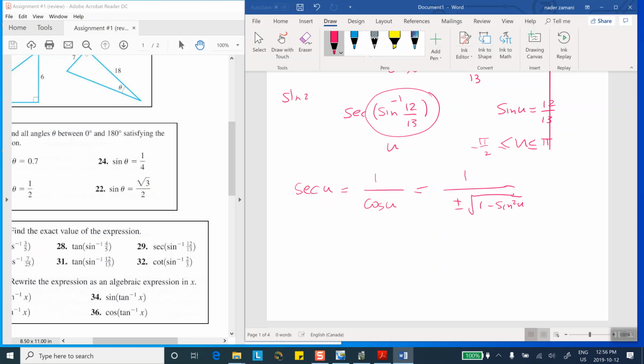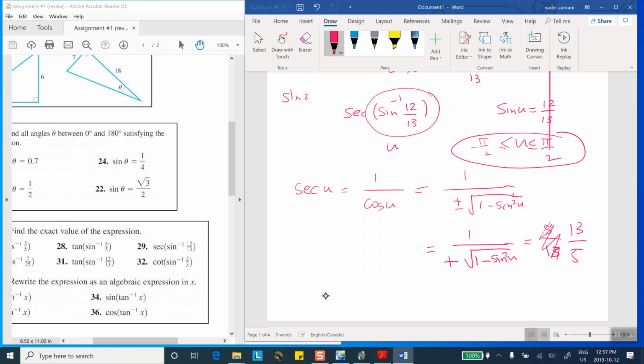Now notice that because u is between 90 and minus 90, cosine is positive, the whole thing must be positive, and therefore this must be 1 over plus, don't take the minus, the square root of 1 minus sine squared u. Just plug in your values there, and you get, sorry, not 5 over 13, 13 over 5.